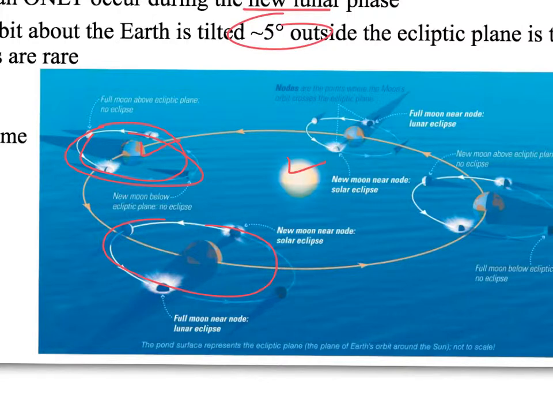So it's a little bit hit and miss for the moon to be lying in the plane of the ecliptic, which is the plane that holds the Earth and the sun, at its new phase or at its full phase. So a new moon can give us solar eclipses, and a full moon can give us lunar eclipses, but it has to be just right.